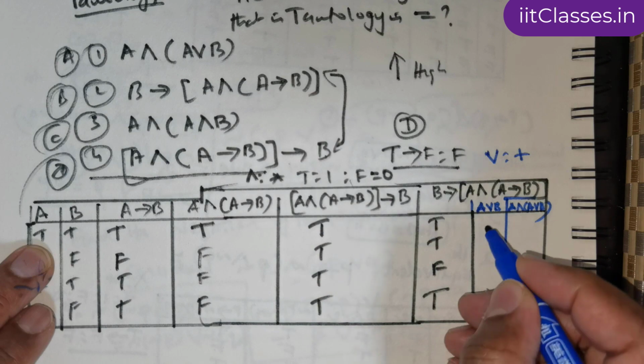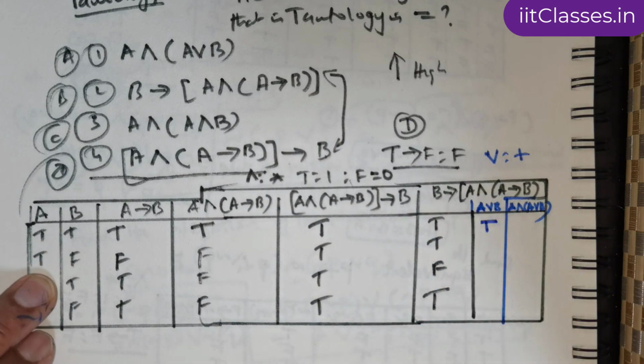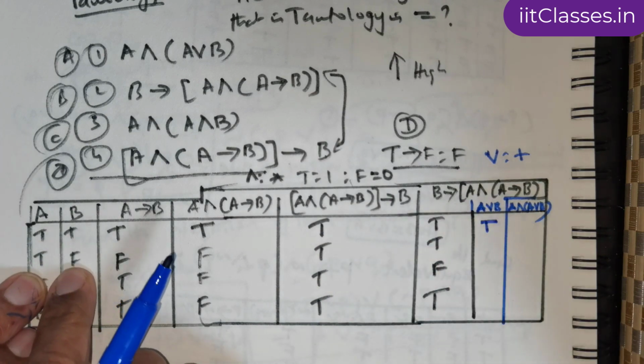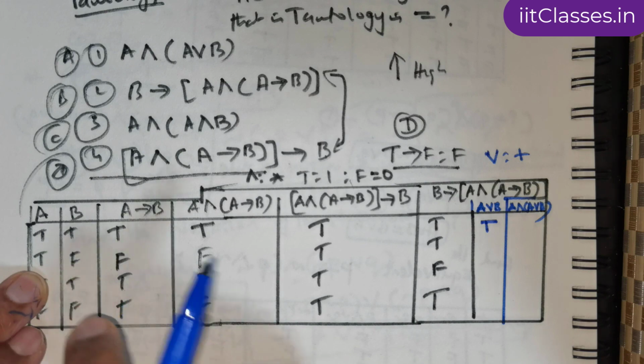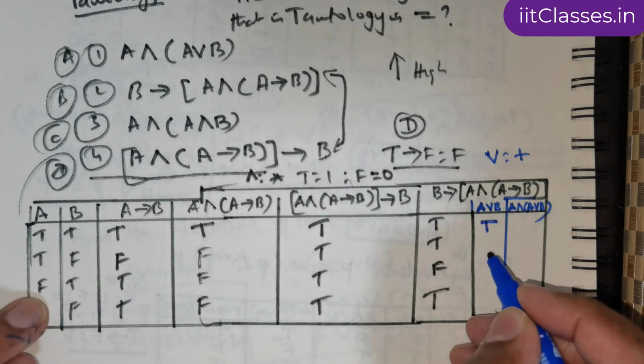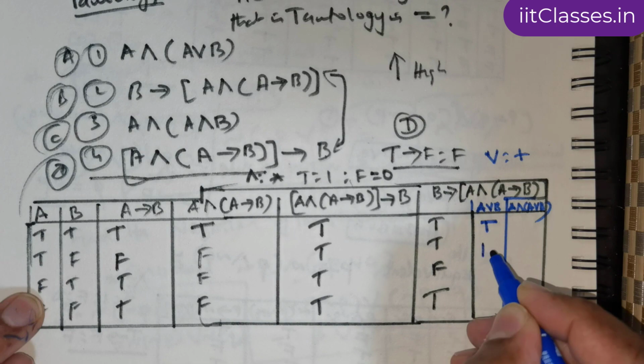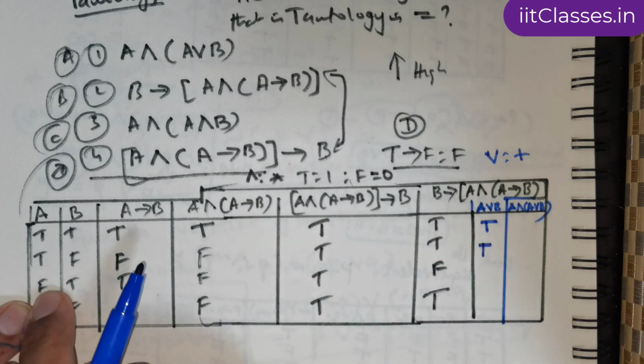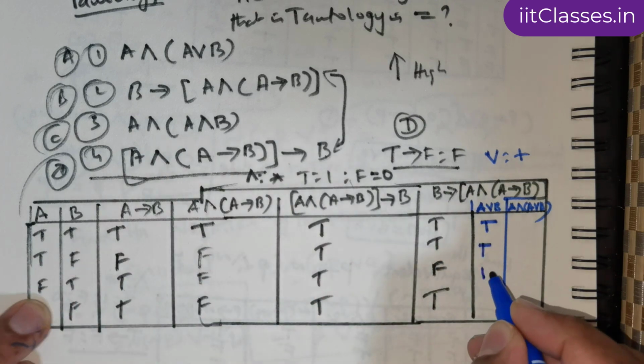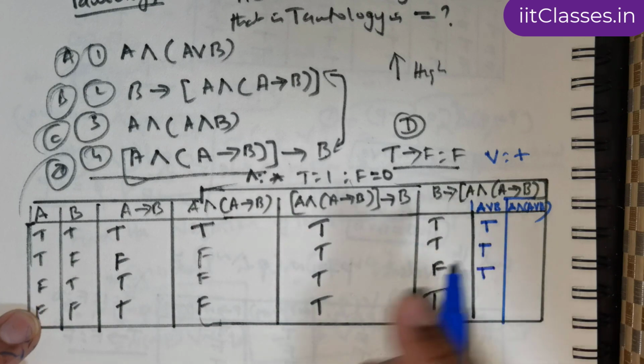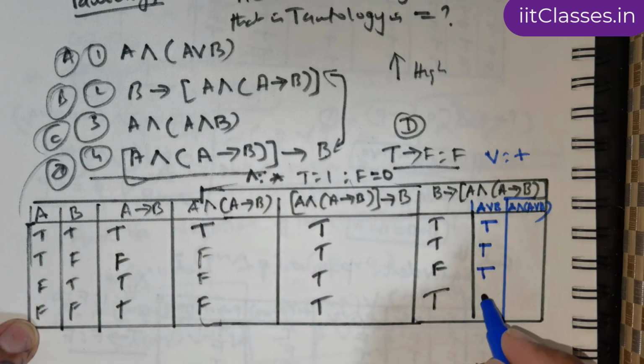So T, T, this is going to be T, T or F. 1 added with 0 will give me 1. 0 added with 1 would give me 1. 0 added with 0 would give me 0.